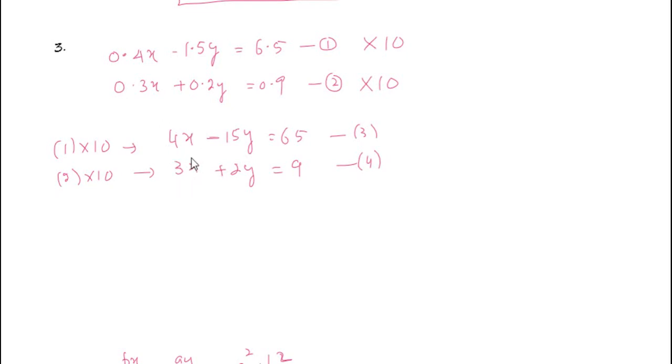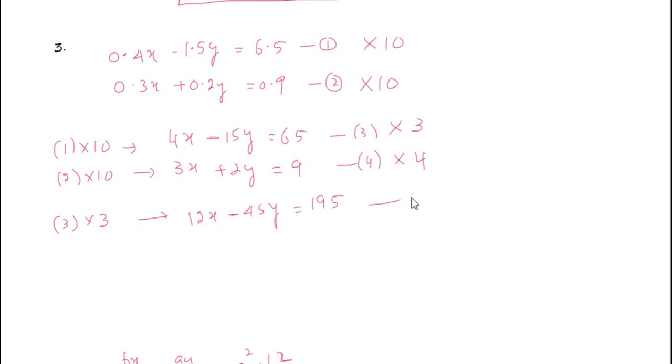So I will multiply equation 3 with 3 and equation 4 with 4. So now equation 3 into 3 gives us 12x - 45y = 65 into 3, that is 195.